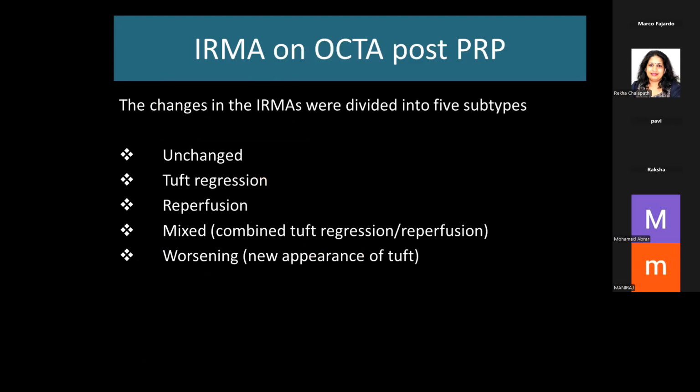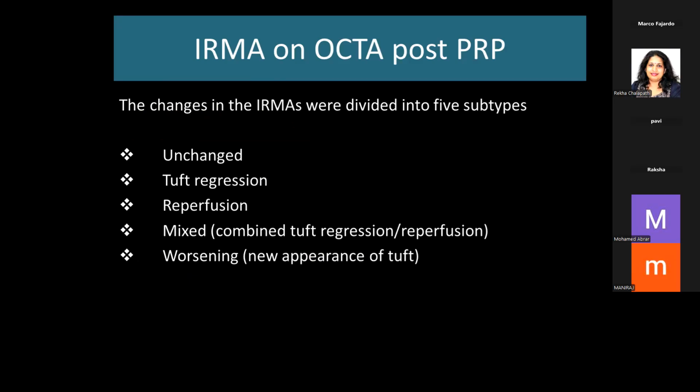There are various subtypes of intraretinal microvascular abnormalities which have been described on OCTA post-PRP. Some IRMAs may be unchanged. Some may have a tuft regression, what we call. Some may have a reperfusion of the IRMAs. Some may have a mixed tuft regression and reperfusion. Some may have a worsening, meaning new appearance of tufts post-PRP. So all these changes in IRMA can be analyzed in a post-PRP patient non-invasively.